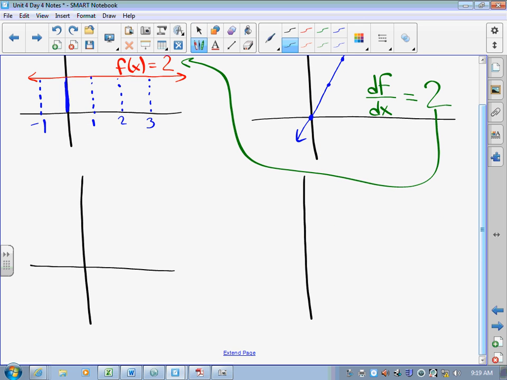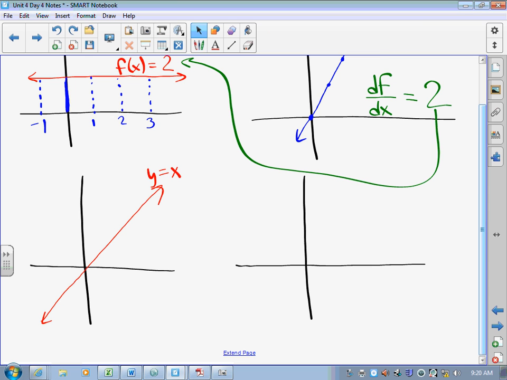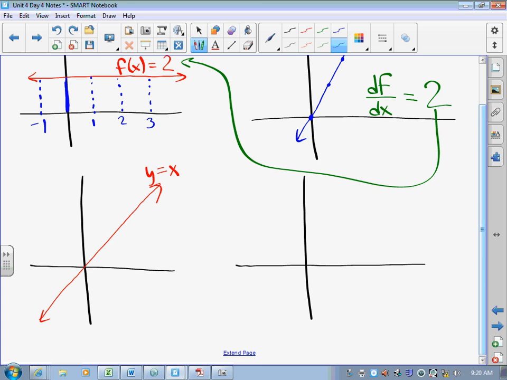One more. Let's pretend that little f of x is the line y equals x. And I realize that that's off there. And capital F of x is the integral from, I don't know, 1 to x of little f of t dt.